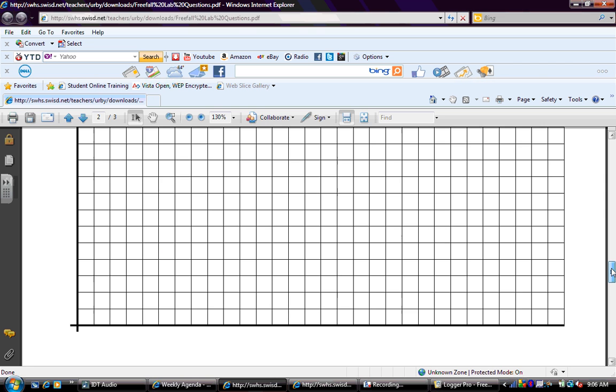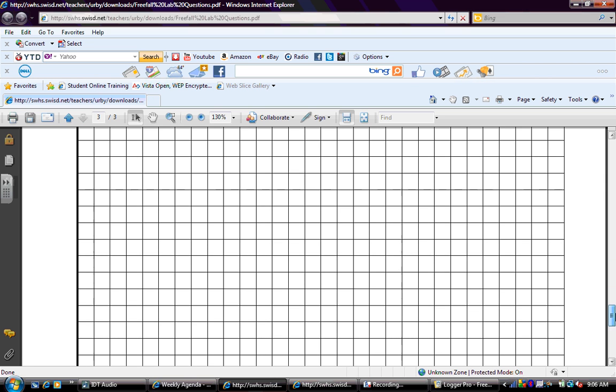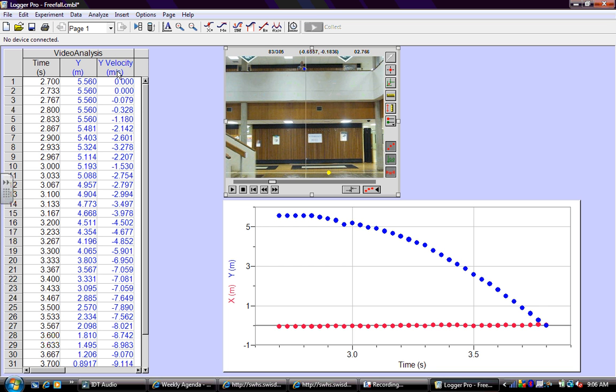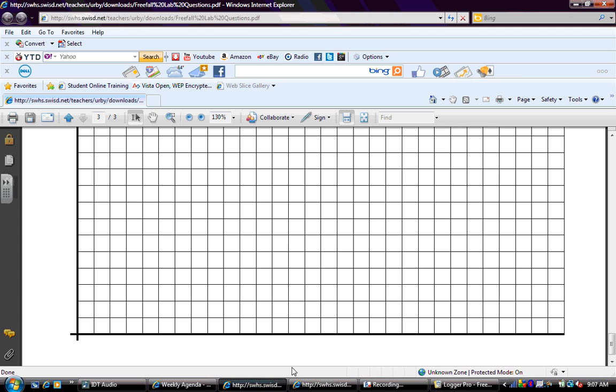You're going to make a position versus time graph on this first graph, and then on the second graph we're going to use the velocity and time data. So the third column, if we're looking at your data table, this will be on the y-axis and time will be on the x. So we'll have velocity right here in meters per second and time in seconds on the x-axis.